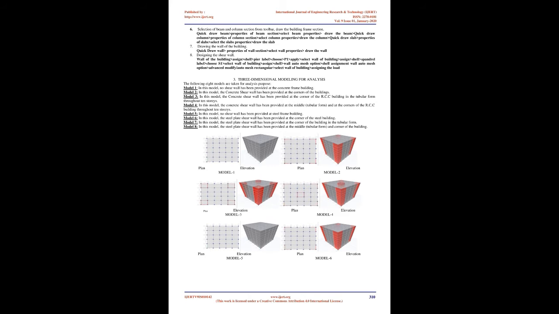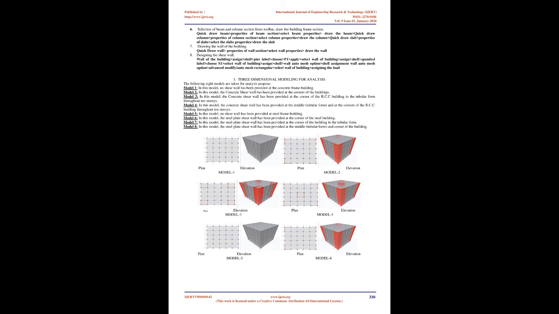Size of column: 800 * 800, auto selected, ISHB 400-2, auto selected. Size of beam: 200 * 600, auto selected, ISHB 400-2, auto selected. Thickness of slab: 200 millimeters.